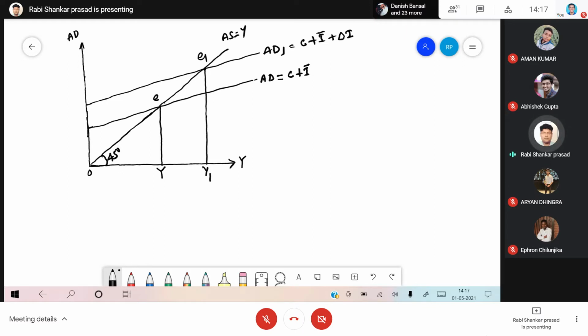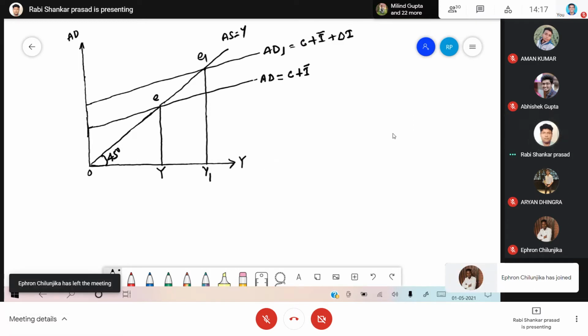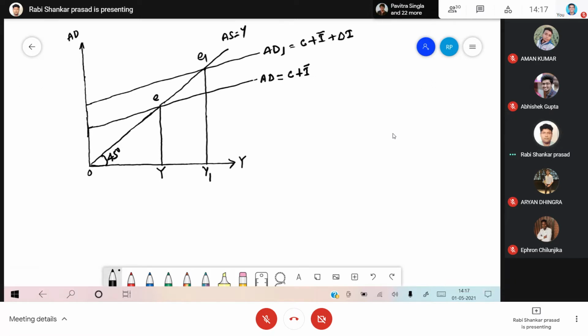So what will be the proportion of increase in aggregate demand? That is the same delta I amount. Once you increase delta I amount of investment, the new aggregate demand will be AD1. So AD1 is the new aggregate demand.